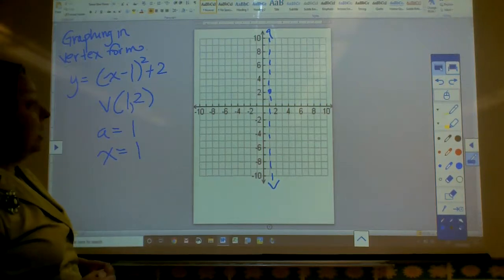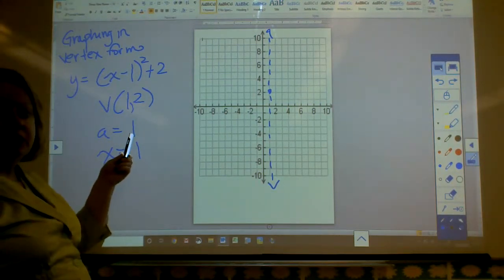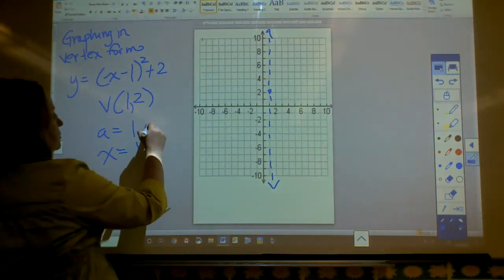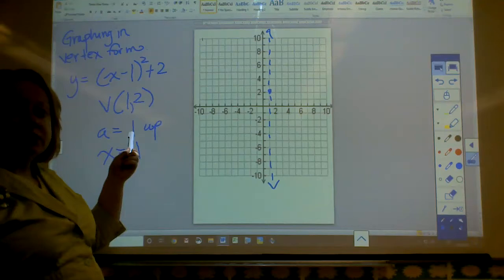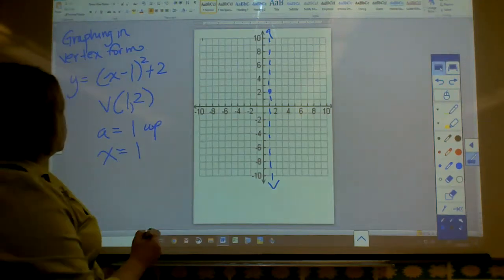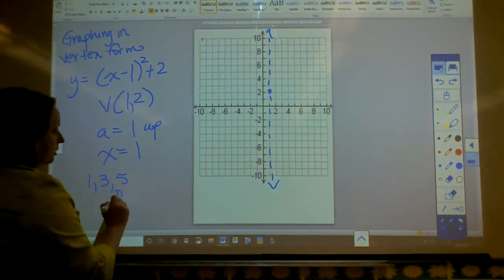So then how do I know if my graph opens up or down? I'm going to look at that a value, and a is positive, so it's going to open up. Now, there's a 1 here. So since there's a 1, it's going to follow the 1, 3, 5 pattern.